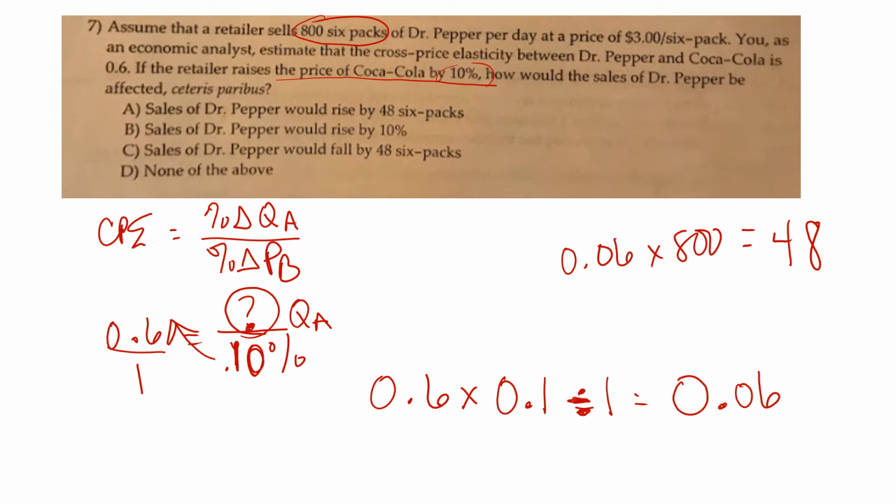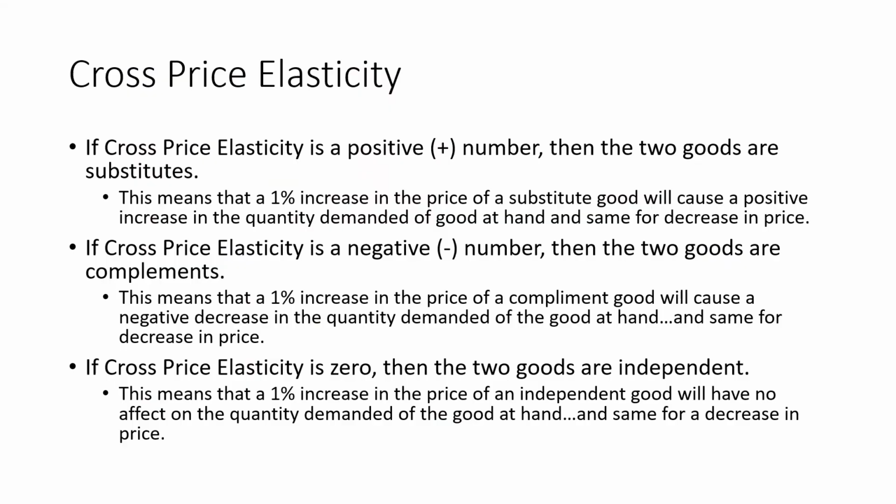We had a positive number, so it's going to rise, which makes sense because if Coke increases their prices, Coke is a competing product, a substitute product, so the sales of Dr Pepper are going to increase.